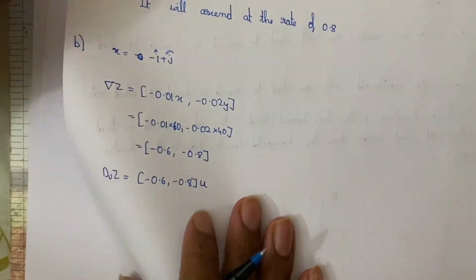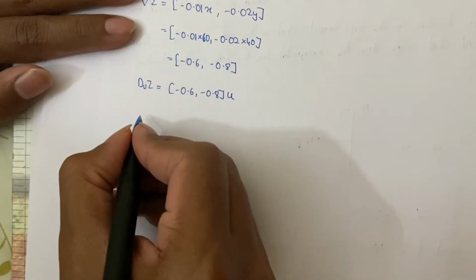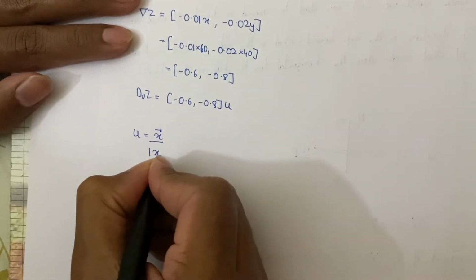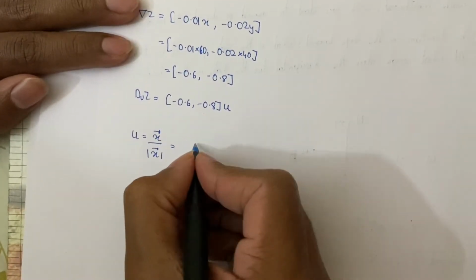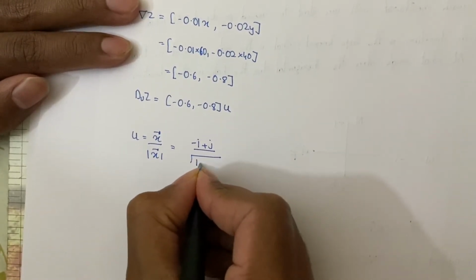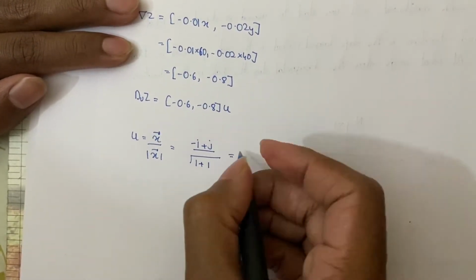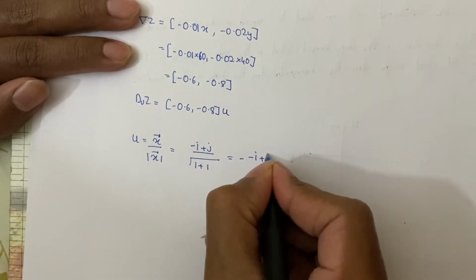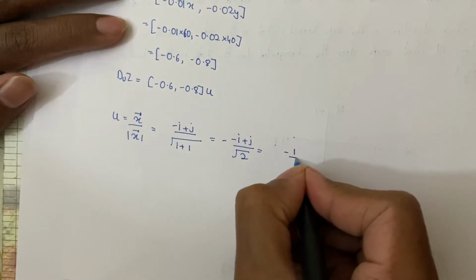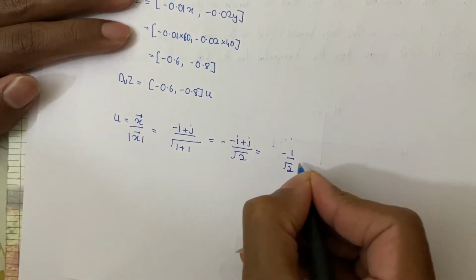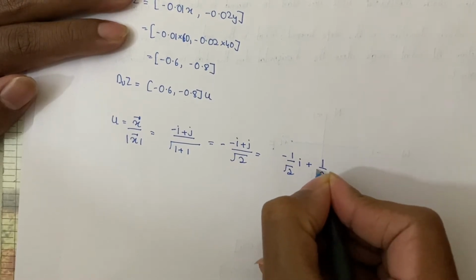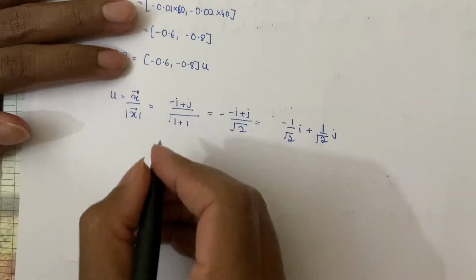Now let's find the unit vector for this. The unit vector is again x by modulus of x, which is minus i plus j by root of 1 square plus 1 square, which is minus i plus j by root 2, which means it's minus 1 by root 2 i plus 1 by root 2 j.